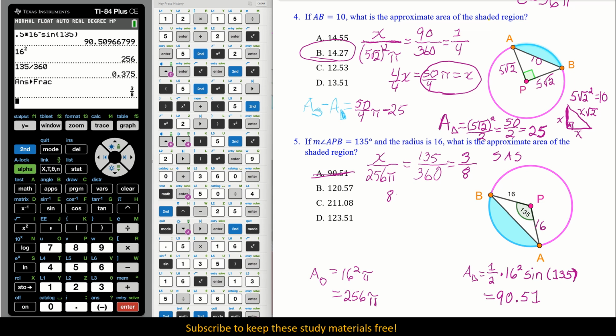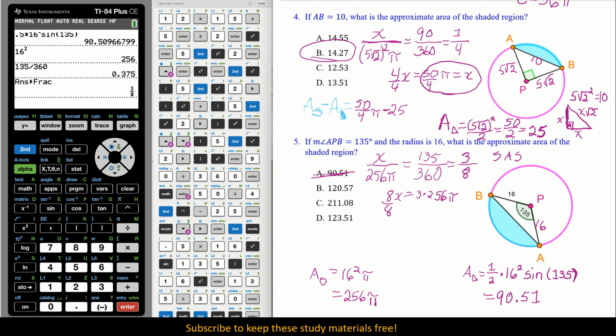We have AX equals, well, that's going to be 3 times 256 pi.